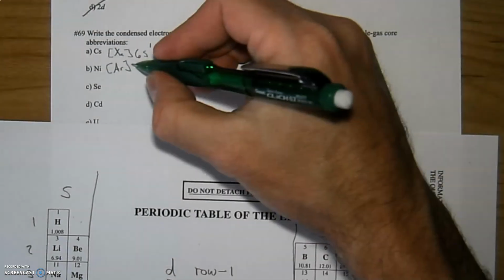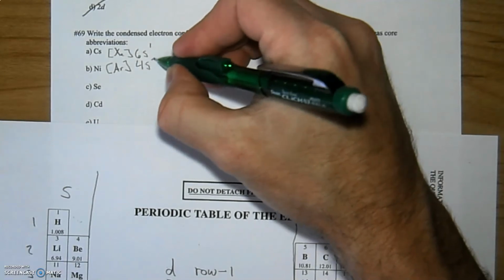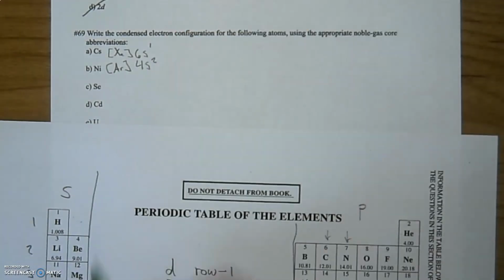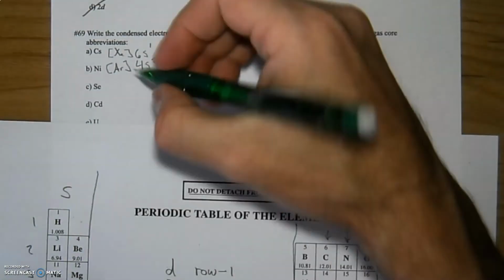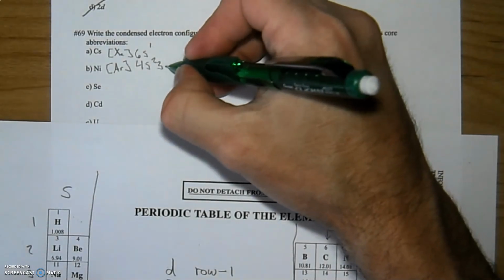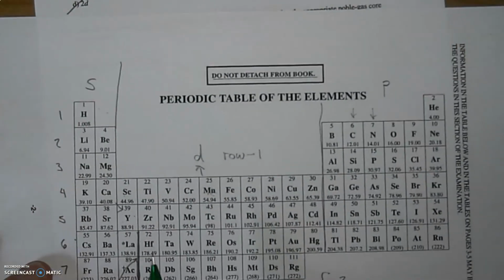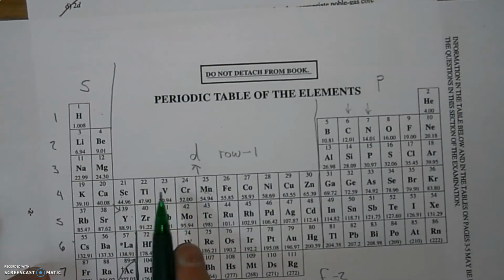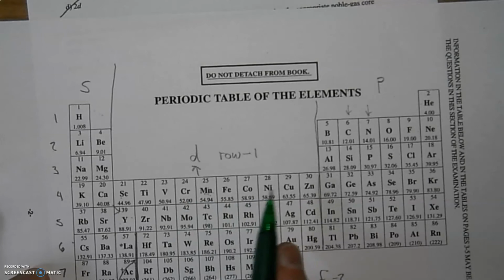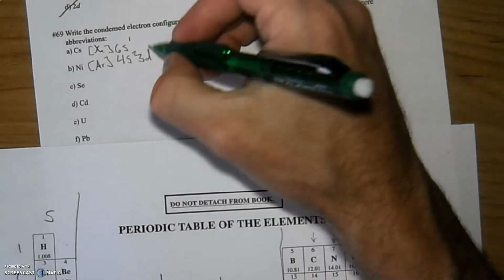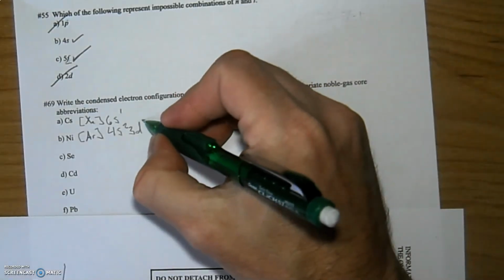So we'll say 4s2, and then bumping into the D block. Don't forget 3d, 1, 2, 3, 4, 5, 6, 7, 8. So 8 for nickel.